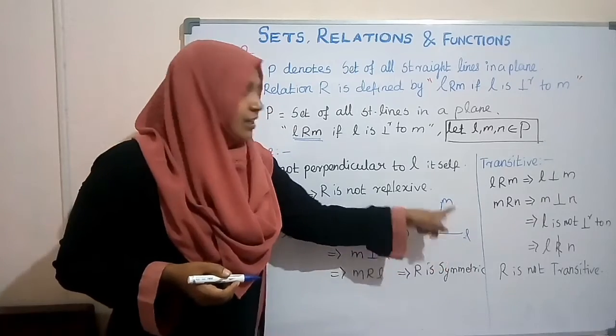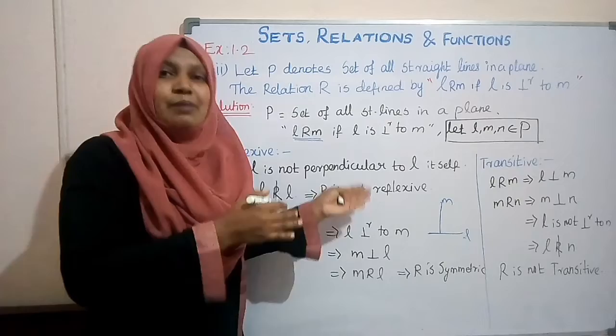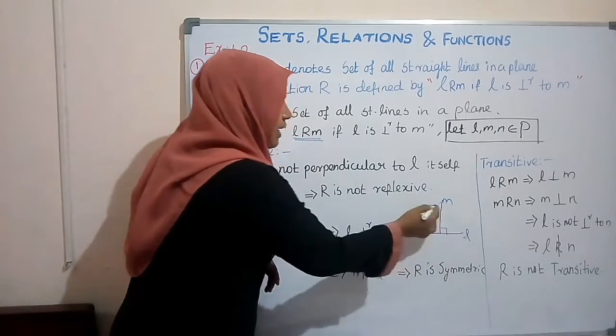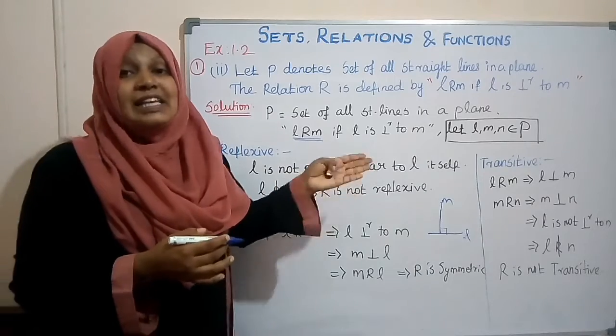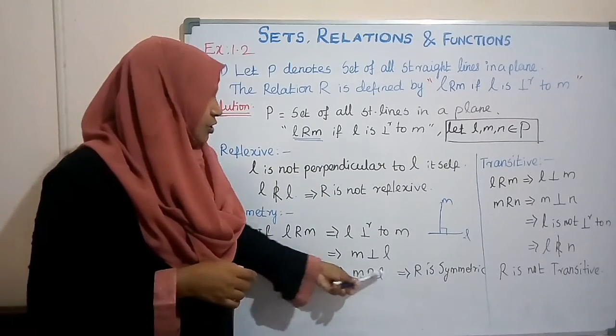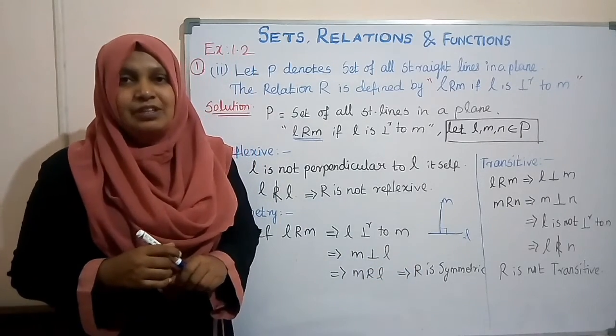Yes, l is perpendicular to m means we can also say m is perpendicular to l. They are perpendicular to each other. So therefore, m is related to l and R is a symmetric relation.